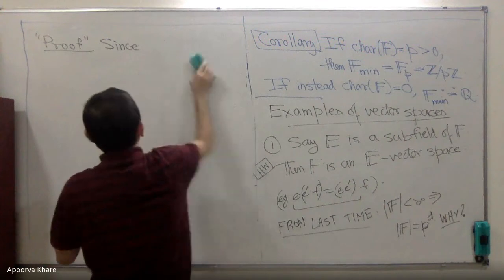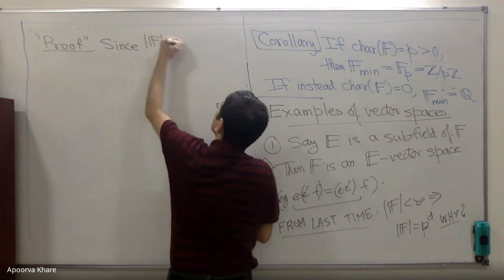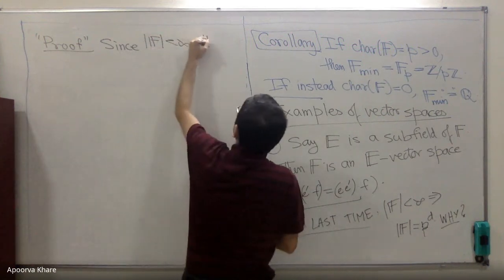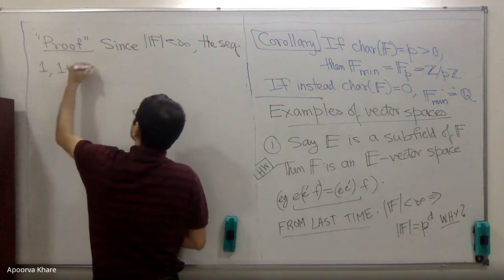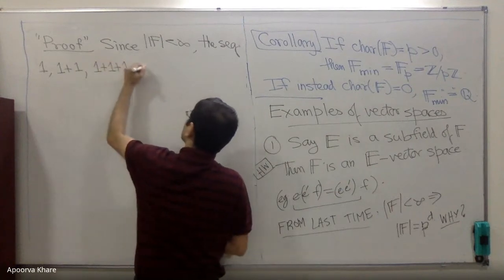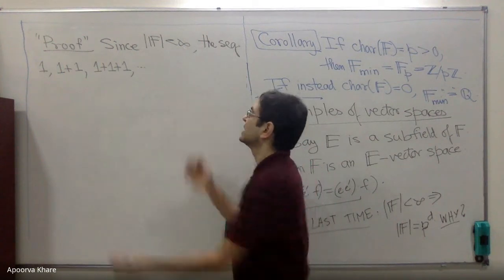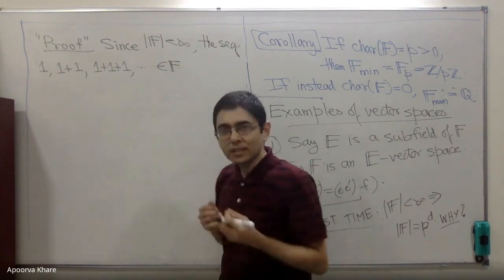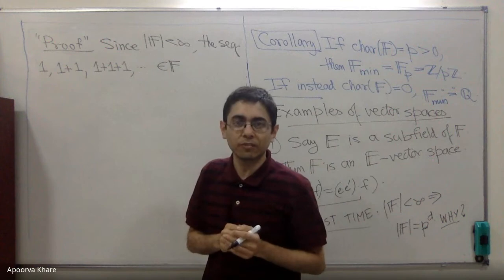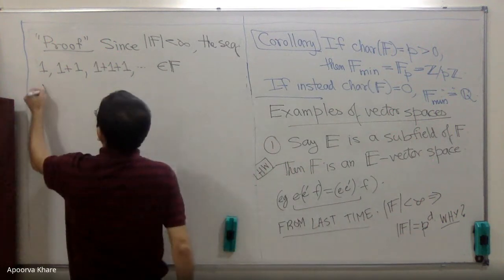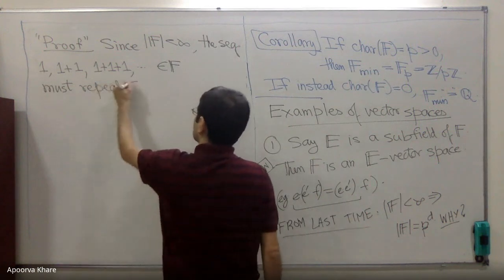Since F is finite, consider the sequence 1, 1 plus 1, 1 plus 1 plus 1. This is an infinite sequence, but it always lies inside F, which is a finite set. So necessarily, infinitely many of these numbers must be equal to the same element inside F. This sequence must repeat somewhere.